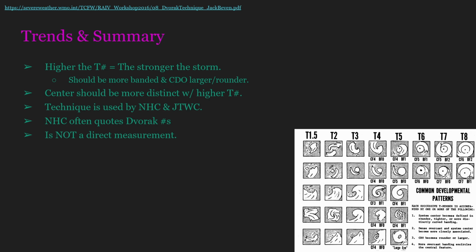Again, please note the Dvorak technique is indeed not a direct measurement, and like I said at the very beginning, does not include the process of the eye wall replacement cycle, which usually ends up weakening a storm, or include subtropical, extratropical storms, and there's also that T2.5 per day increase or decrease limits, which can be a problem if the eye wall replacement cycle is particularly brutal on a storm.